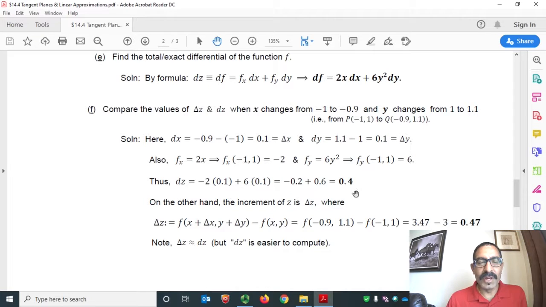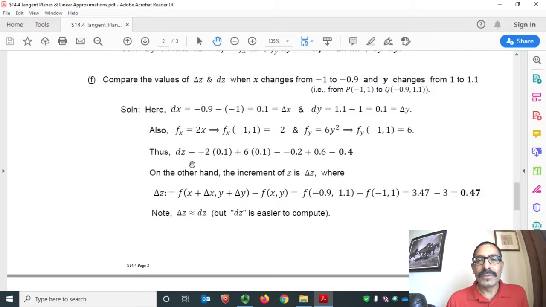Thus, by the formula, dz, the total differential, equals fx dx plus fy dy, so negative 2 times dx, which is 0.1, plus fy, which is 6, times dy, which is 0.1. Simplifying gives us 0.4. So dz, the total differential, turns out to be 0.4.